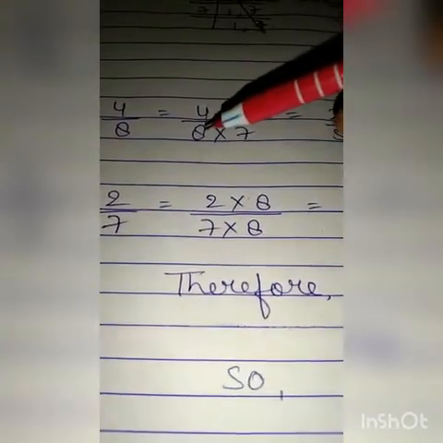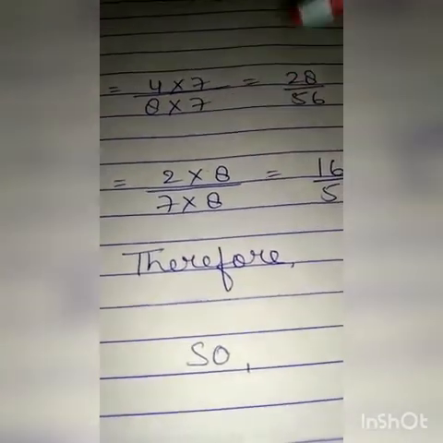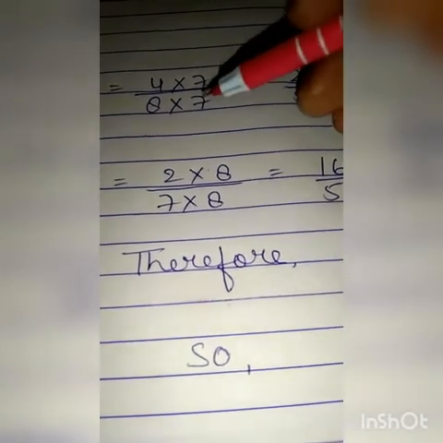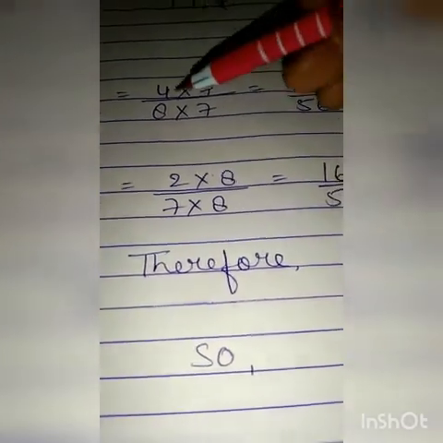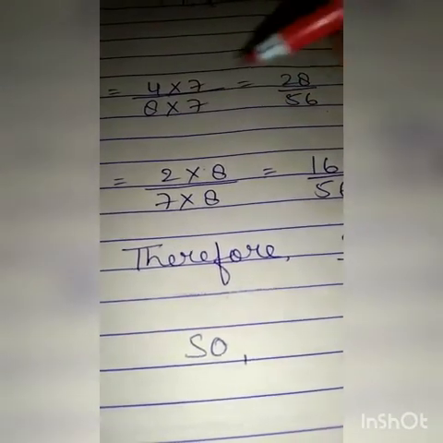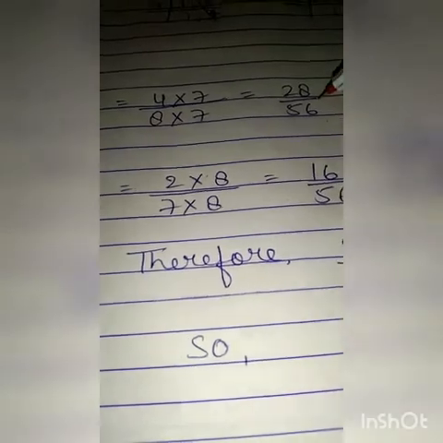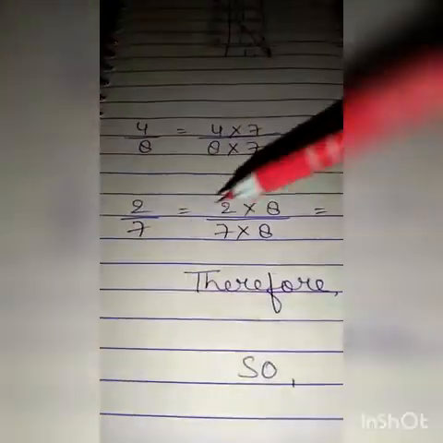First we will see in 8's table, 56 comes 7 times. So 8 7s are 56. As we have written 7 here, we will write 7 here also. 4 7s are 28. Clear? 8 7s are 56 and 4 7s are 28.